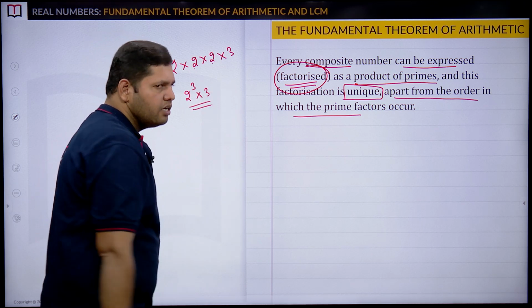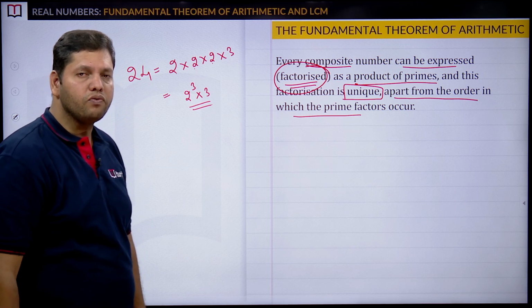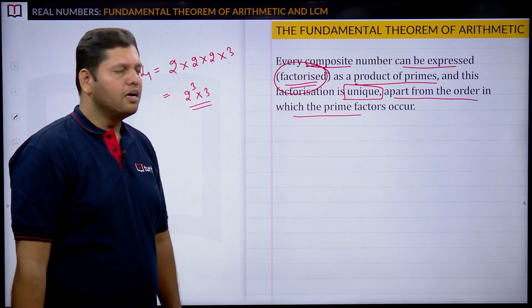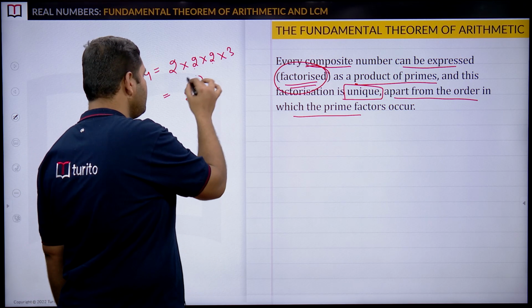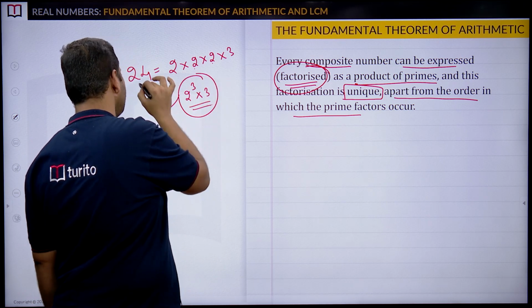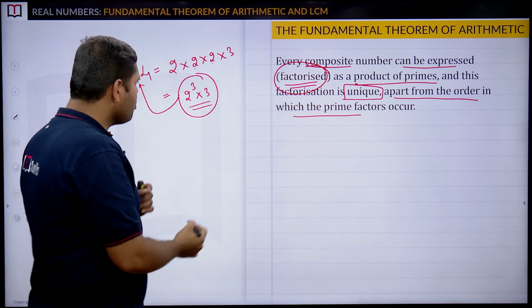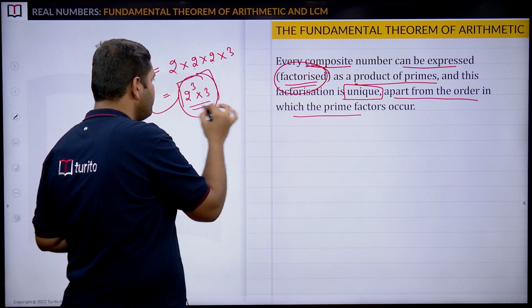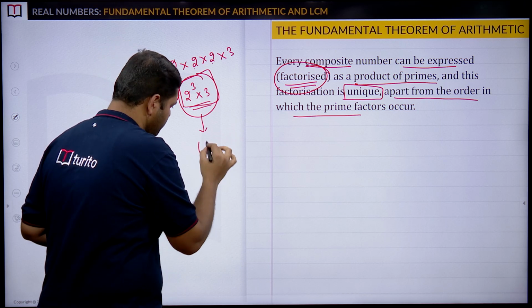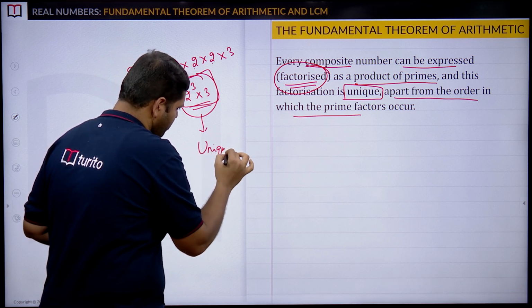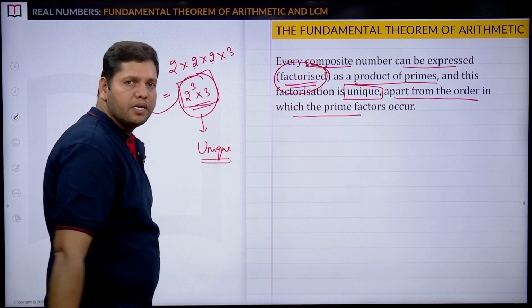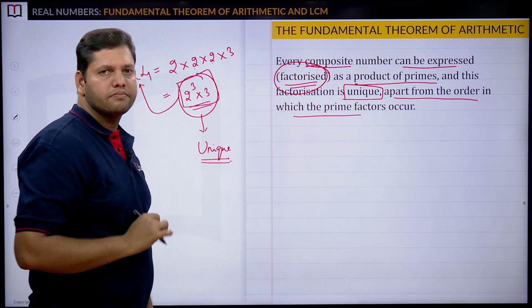So this is the prime factorization of 24, isn't it? This 2 to the power of 3 into 3 is the prime factorization of 24. This combination is a unique combination, children, and it is fixed.